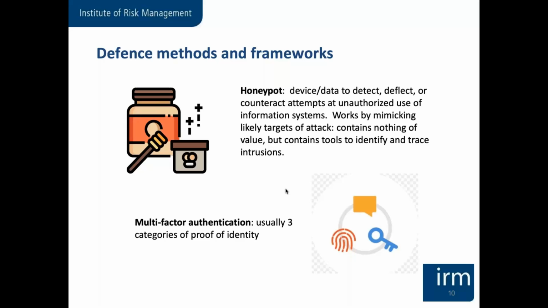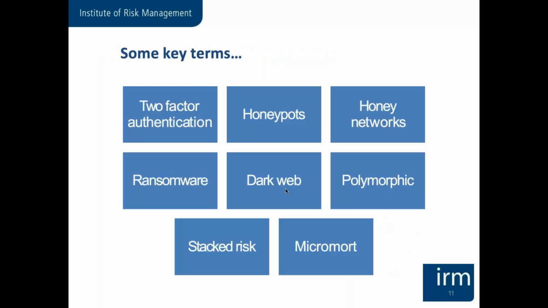And that's, of course, just one of many devices or instruments to counteract attempts at unauthorized use of information systems. Also multi-factor authentication, again a really key asset here, usually requiring 3 categories of proof of ID. And I'm sure we're all familiar with these from just our day-to-day interaction with services and so on.